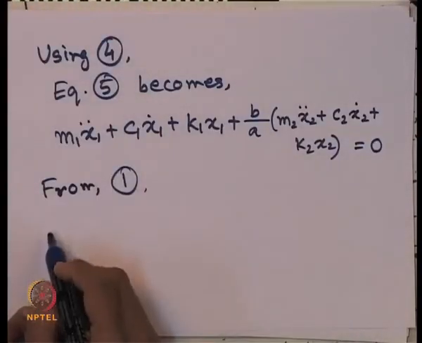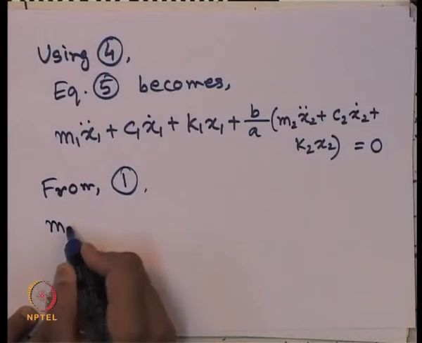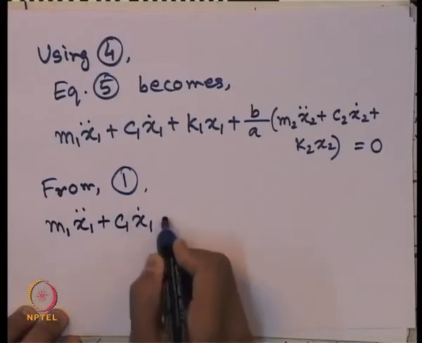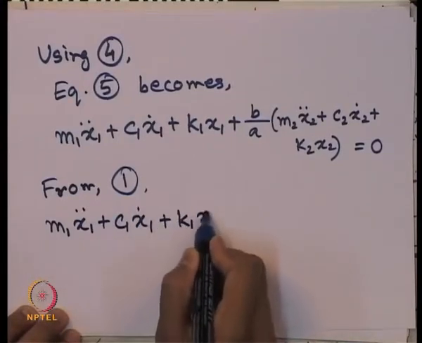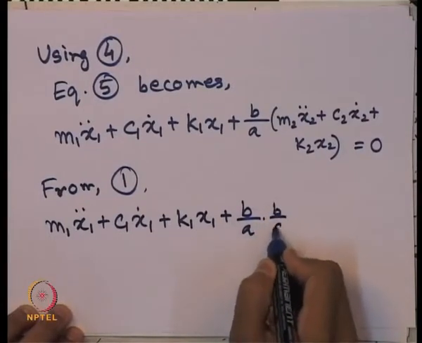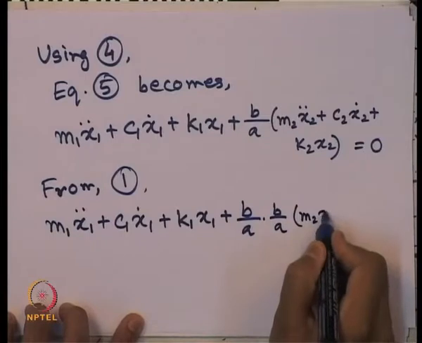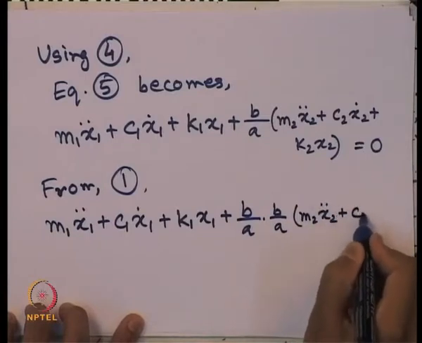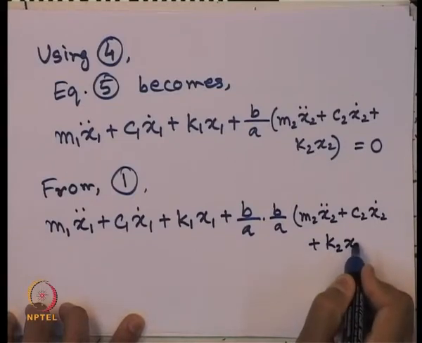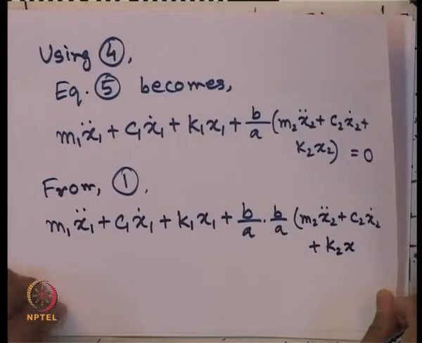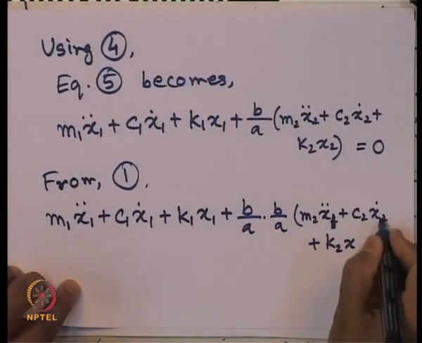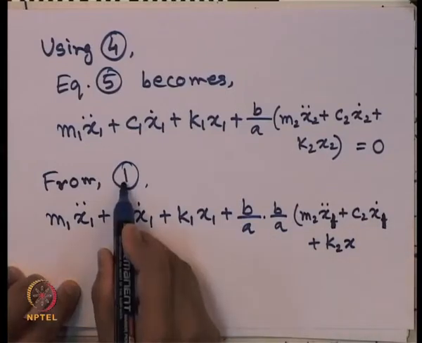So, if we use that, we can write M1 x1 double dot plus C1 x1 dot plus K1 x1 plus b by a into another b by a, M2 x2 double dot plus C2 x2 dot plus K2 x2, this will be x1, because we have now used equation 1.